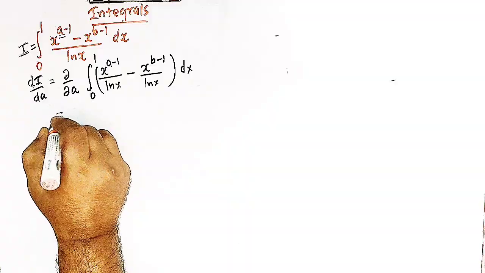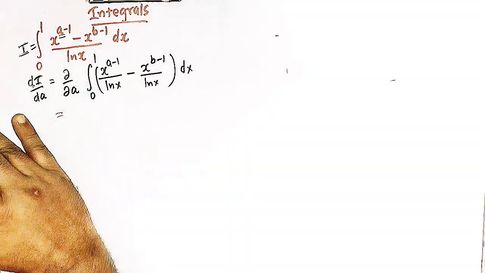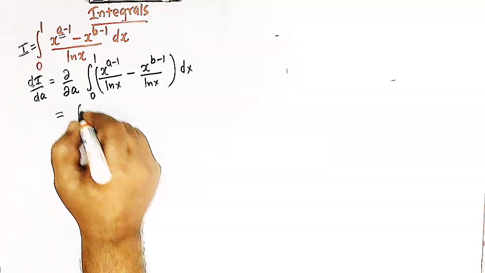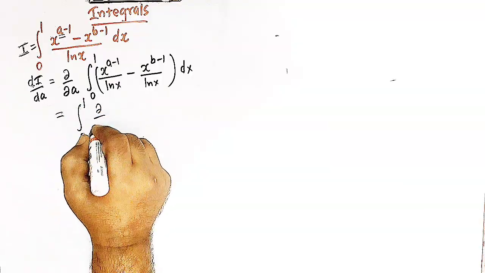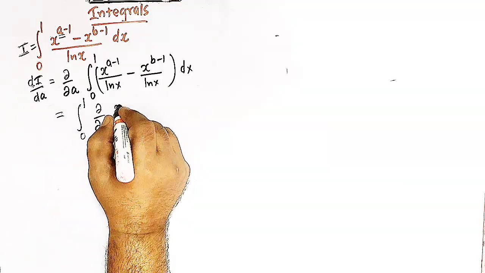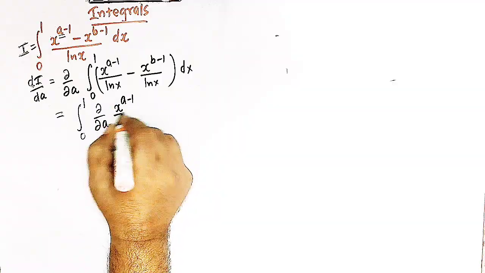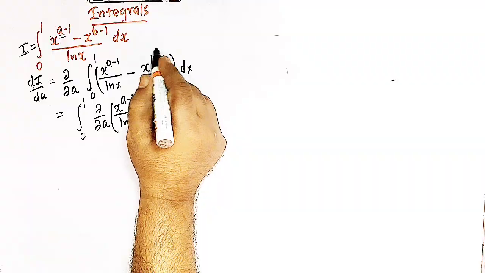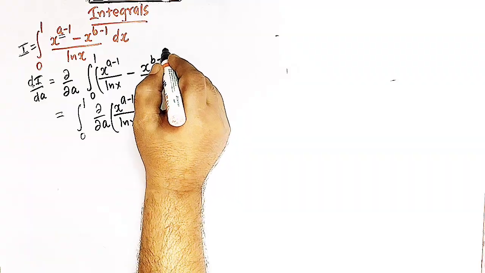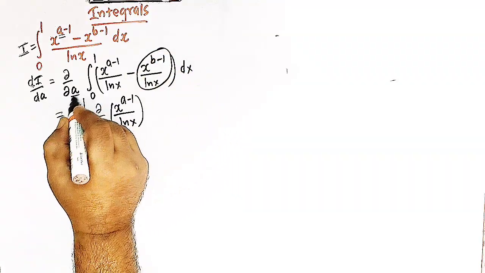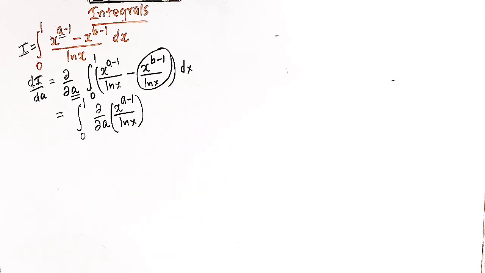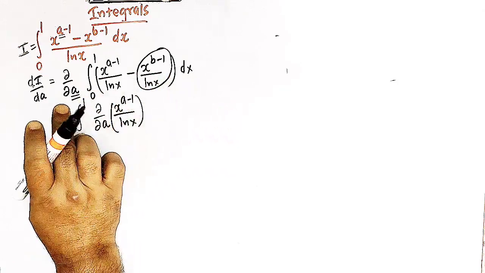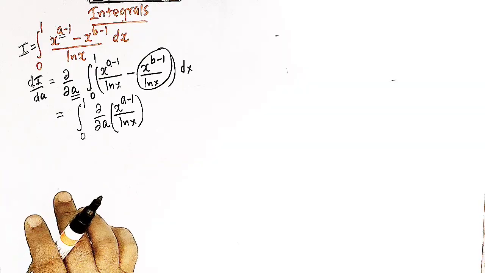So now taking this operator inside the integral sign, we have now 0 to 1, and we have del over del a of x raised to a minus 1 over natural log of x, and the partial derivative of this term with respect to a is 0, because we are differentiating this integrand with respect to a partially, right?